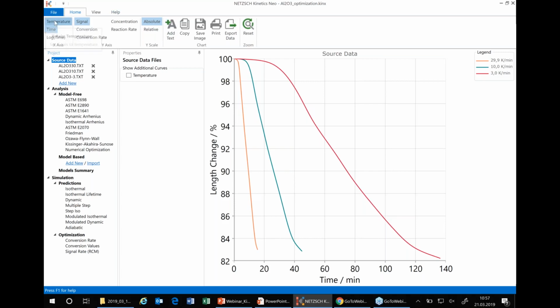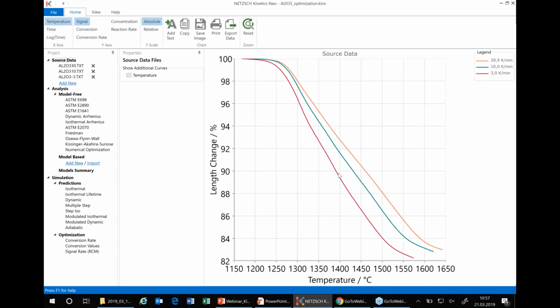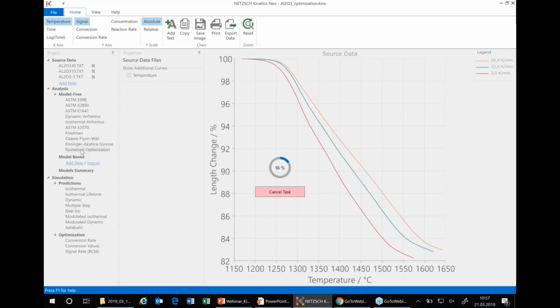If we switch to temperature, then again we see that the same length change happens at different temperatures. Why? Because the heating rate was different, and the kinetics of the process depends on time and temperature. And again, we can extract the kinetic values which are independent of time and temperature. These values are activation energy, pre-exponential factor, and maybe order of reaction.